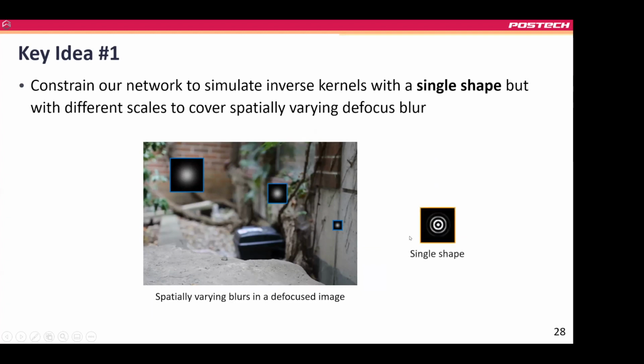Then in that case, the inverse corner needed for deblurring this part and this part and this part will have the same shape, single shape, then only the scale may change, right? Yeah, that is the meaning of the first key idea. Again, to deblur these different pixels, we can use the same inverse corner, but only the scale of the inverse corner needs to be changed.